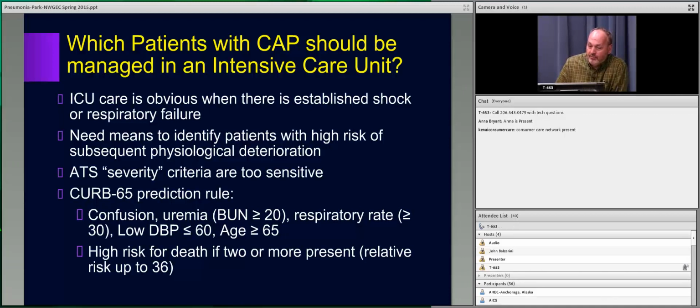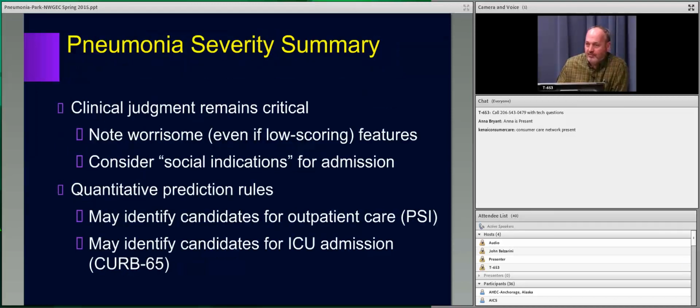And if you have two or more of those factors present, then your relative risk of deterioration and critical care needs goes up by about 36-fold. So that's remained a handy rule of thumb for somebody who's not already on a ventilator, but who's old and has some pneumonia and they're confused, and that person should go in the ICU. And this can be a way to help you make that determination.